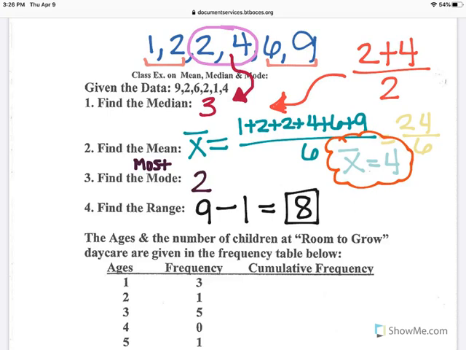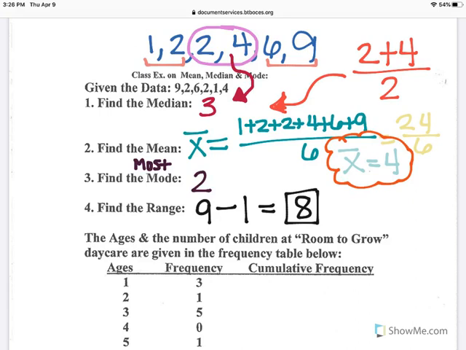Next part says the ages and the number of children at Room to Grow daycare are given in the frequency table below. Now, the word frequency is how often something happens. So, in order to understand this table, the first one says ages, and then we've got 1. So there is a 1-year-old, and then it says frequency 3.